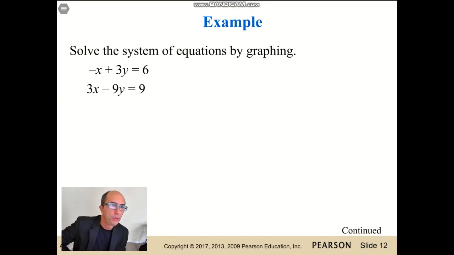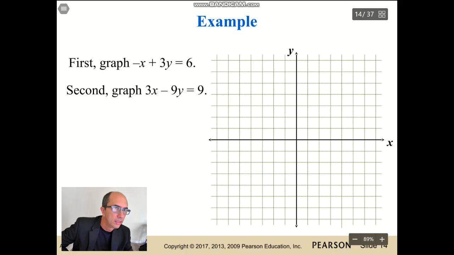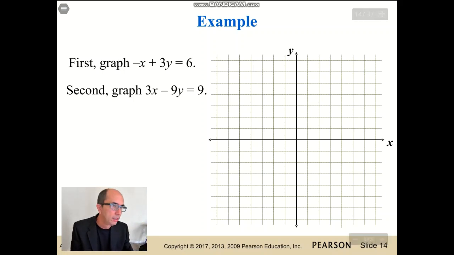Another example: solve the system of equations by graphing. Negative x plus 3y equals 6, 3x minus 9y equals 9. Let's try it out here. The same thing we're going to do with the colors.